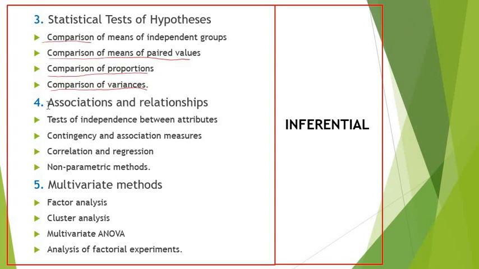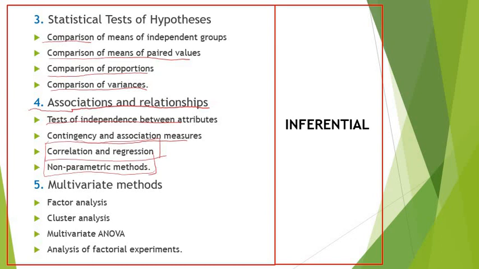Level 4 would be the association of relationships. This may include tests of independence between attributes, contingency and association measures, correlation and regression, and other non-parametric methods.